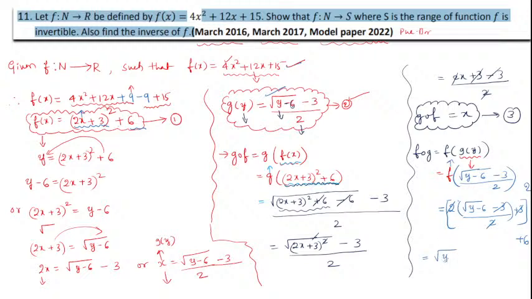Root of y minus 6 whole square. See, whole square. Next is what? Plus 6. Again square root and square will get cancelled. Then remaining will be what? Y minus 6 plus 6. Here minus 6 and plus 6 will get cancelled. Remaining will be what? Y. So finally you got fog function is equal to y.